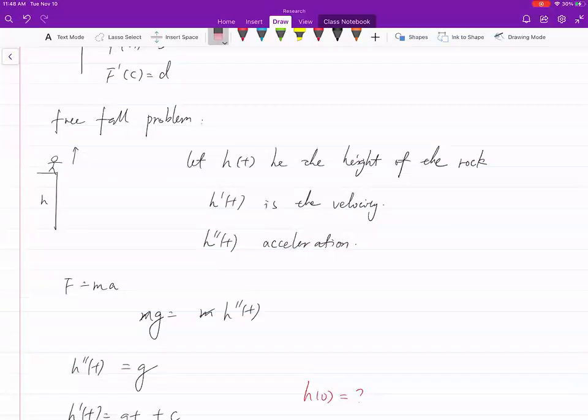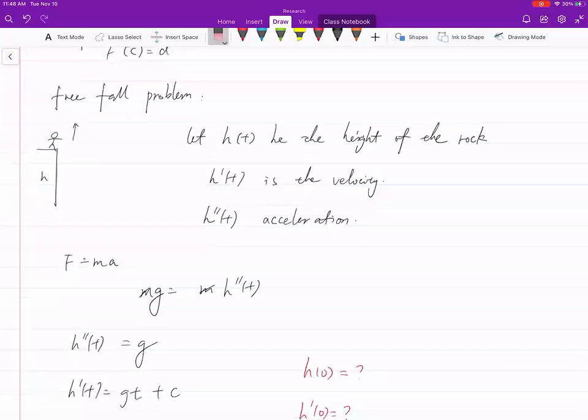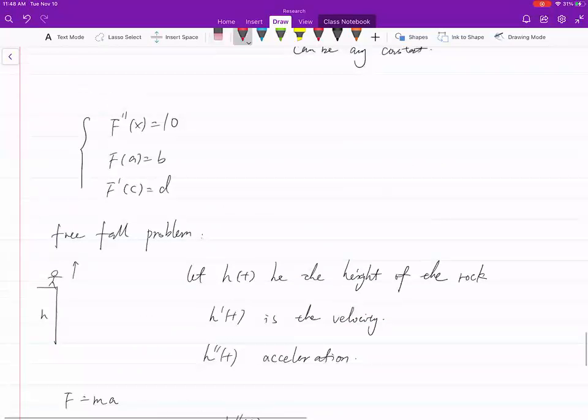That will make a difference, even though the whole motion is described by the same differential equation. But with those two pieces of information, you know everything about the motion. There's no ambiguity. You're fixing these two constants by giving me additional information.